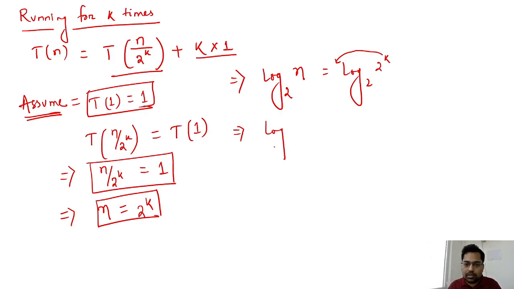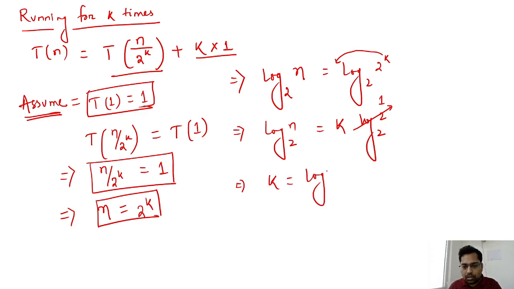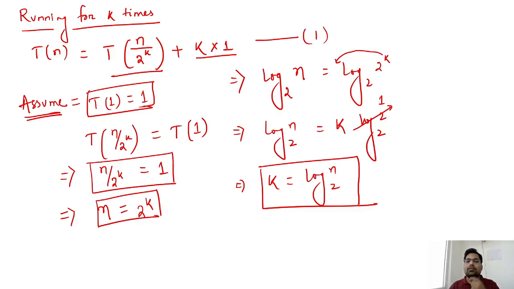Now you can check: log n base 2 equals k log 2 base 2. Log 2 base 2 is 1, and k is equivalent to log n base 2. Now you substitute the value of k in equation 1, the equation we decided, and you'll get the time complexity.